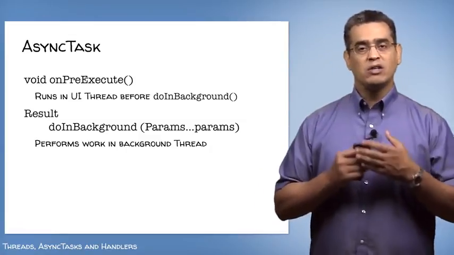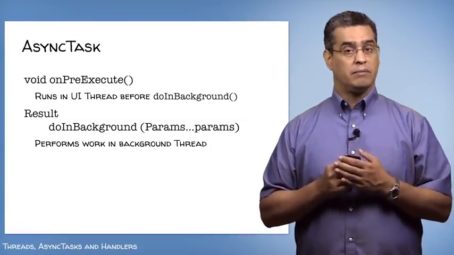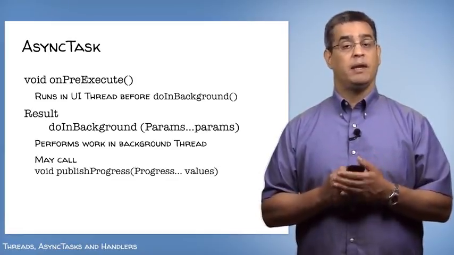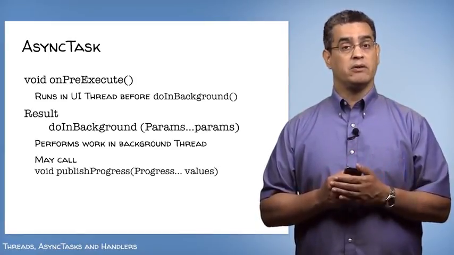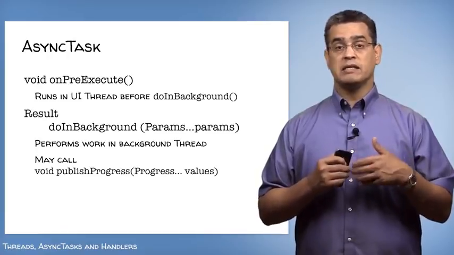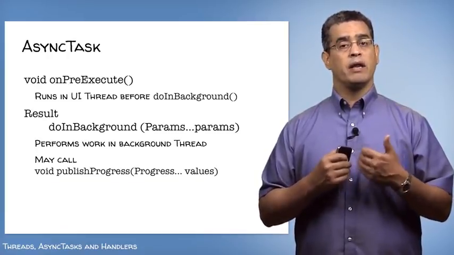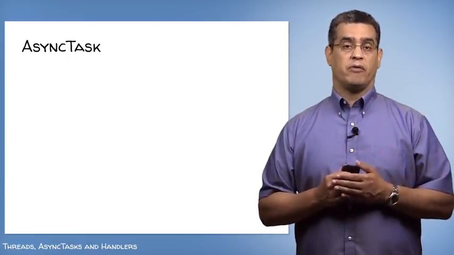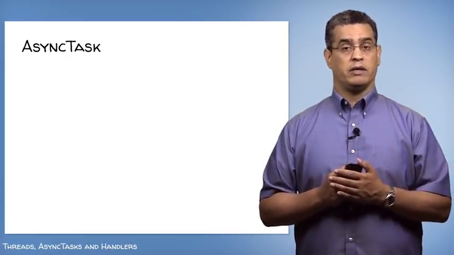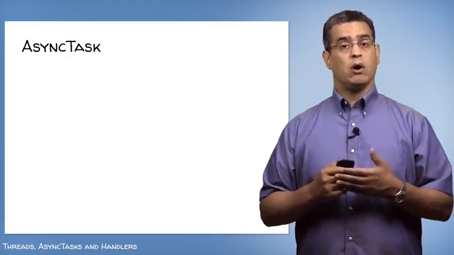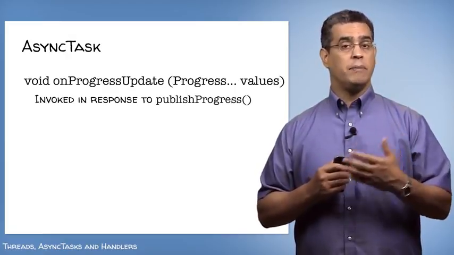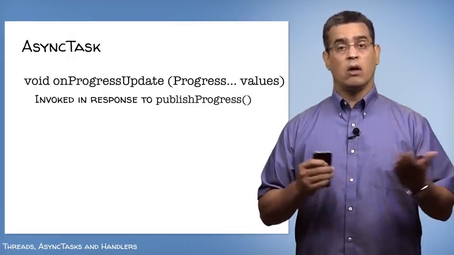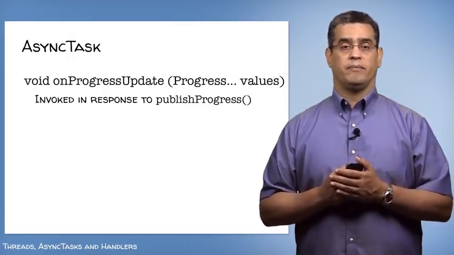Now, while doInBackground is running, it can optionally call the publishProgress method, passing in a variable list of values, which presumably provides some indication of the long-running operation's progress. If the background thread makes calls to publishProgress, then some calls to onProgressUpdate would normally be made in the UI thread as long as the background thread is still running.